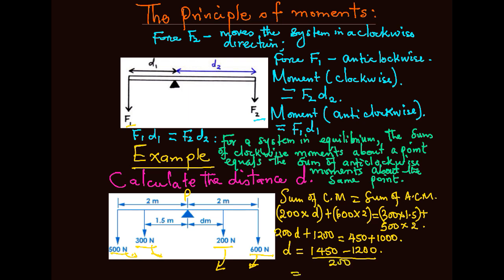This, when calculated, gives us a constant value which is equal to 1.25 meters. So the distance d for the system to be in equilibrium is equal to 1.25 meters.